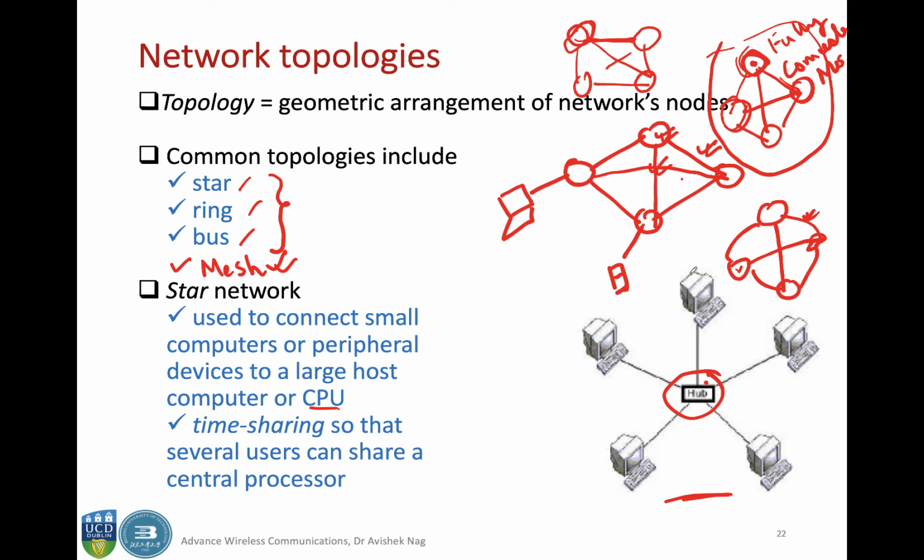These devices in the star network are sharing this hub, and they connect to each other through this hub. For example, this node and this node will connect through the hub, and the resources in the hub are utilized in a time-shared manner.